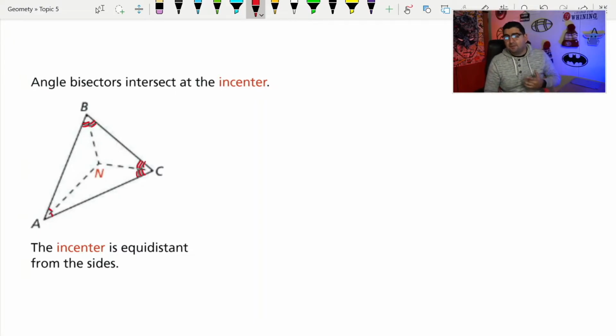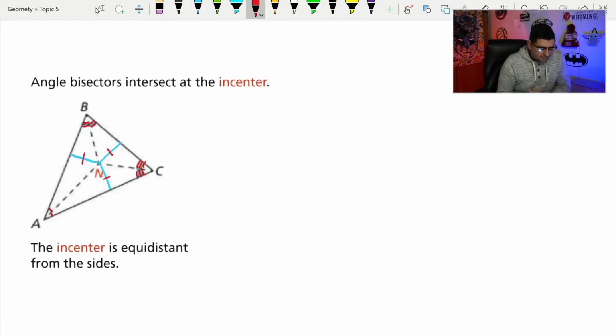The other thing that is special about this incenter is that the incenter is equidistant from all the sides. So if I draw a line going directly from this point, N, to this side, and then from N to this side, and then from N to this other side, all of these lines in blue here are equal to each other.